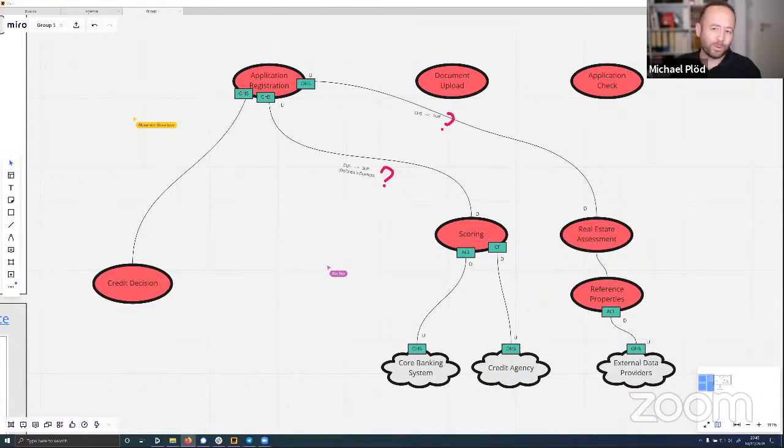Did any group discuss a potential candidate for a published language? We did. Okay. Tell me. We briefly discussed that application registration could be a candidate for a published language because it has a lot of clients, and a lot of them probably have negotiating power.